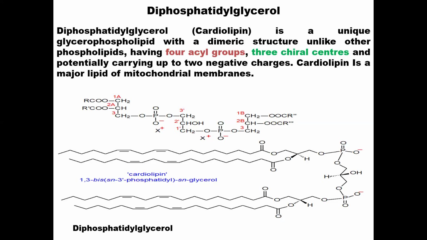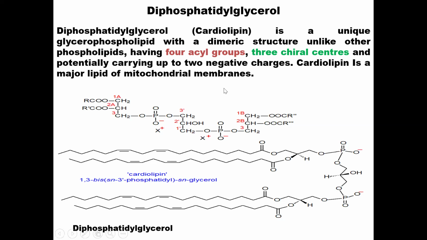Carbon is tetravalent, so a carbon that is attached to 4 different groups is called a chiral carbon or chiral center. So diphosphatidylglycerol or cardiolipin has 4 acyl groups, 3 chiral centers, and 2 negatively charged groups.